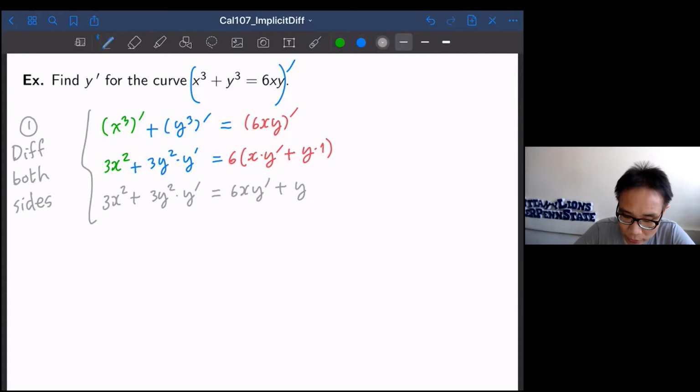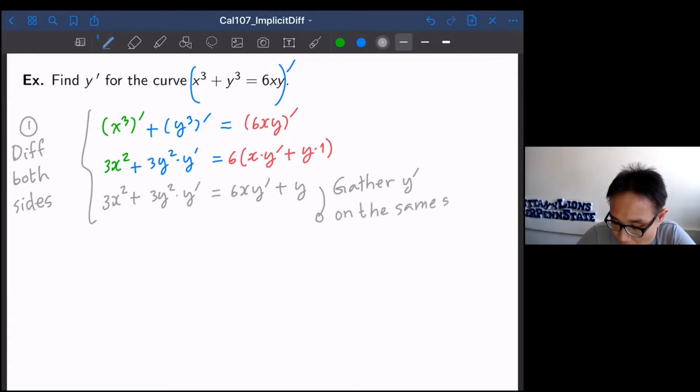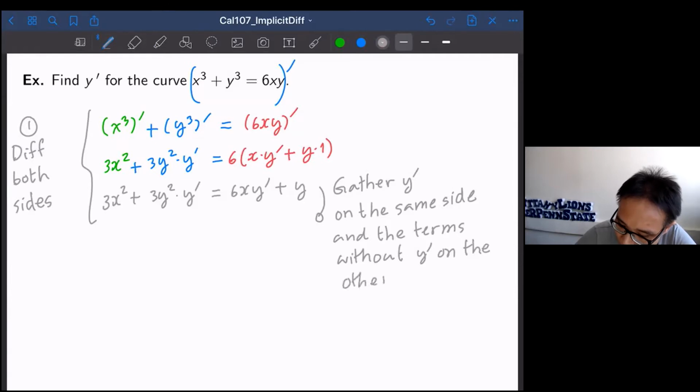So in this case, you're gonna gather y prime on the same side, and the term without y prime will be on the other side.